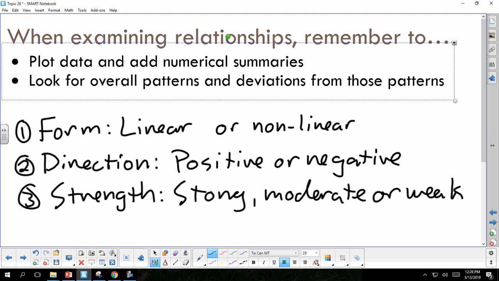So three choices. Before we look at these, we're going to put judgment on. This first unit, we're not going to add any numerical summaries to describe the strength of the relationship, but in the next unit, topic 27, we will.